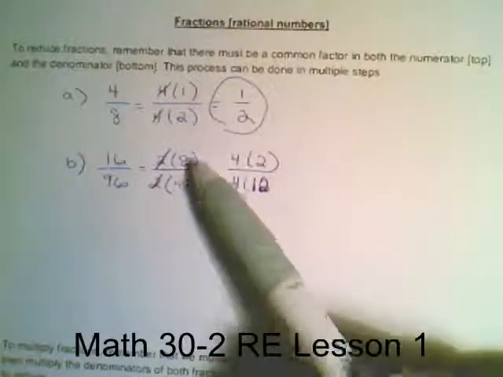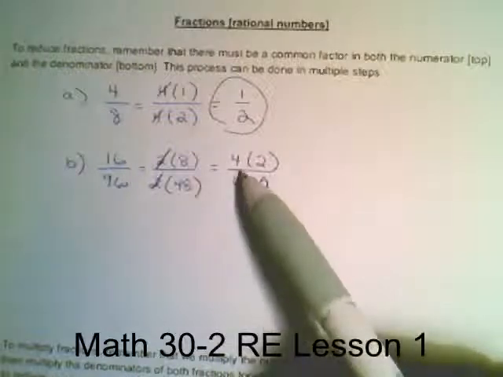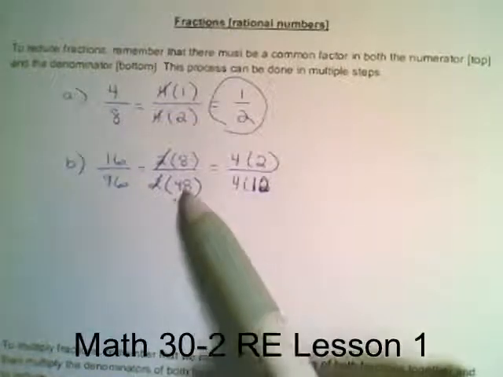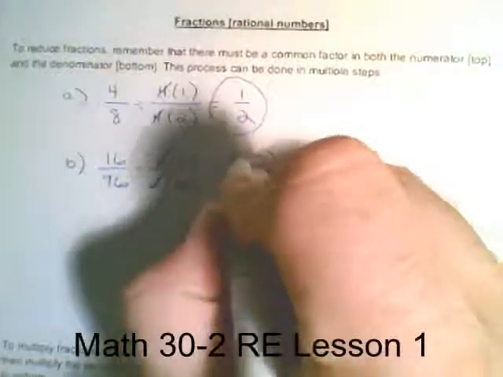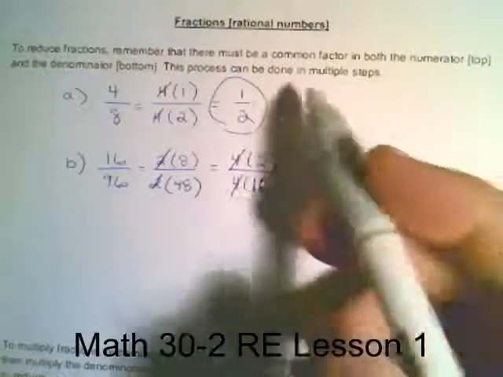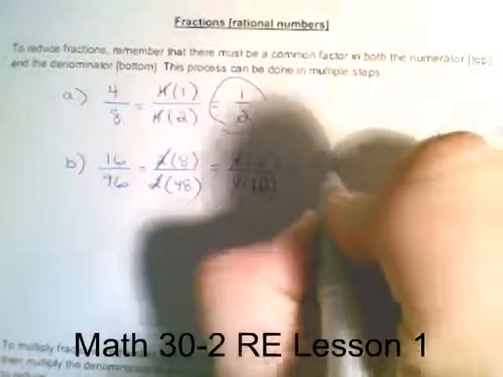But 8 over 48 is still not done. So I say, well, what can I divide 8 and 48 by? What's a common factor between those two? One example is 4. So I pull the 4 out of the 8 and I get 4 times 2. I pull 4 out of the 48 and I get 4 times 12. The 4's then cancel. And I look at the 2 and the 12 and I say, well, is that done? No, it's not.